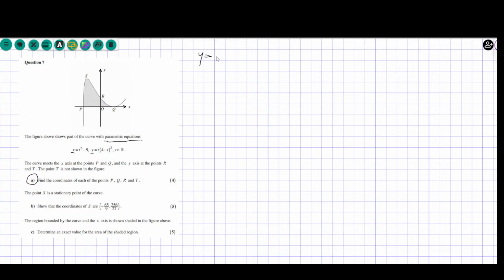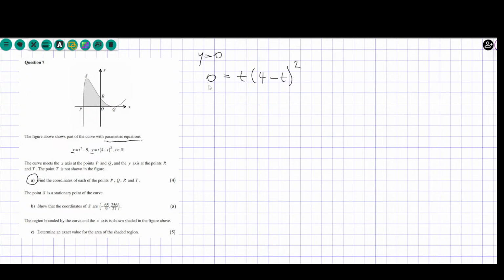And they lie on the x-axis, right? So that's when y equals 0. So we take our second equation and we set y equal to 0 as such. And in this case, we have two solutions.